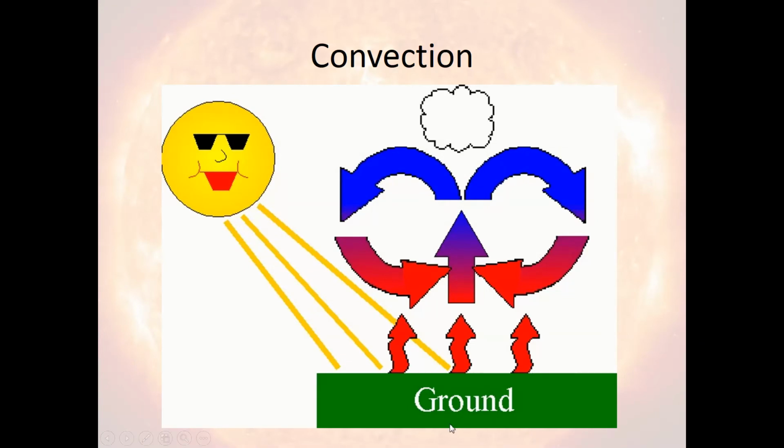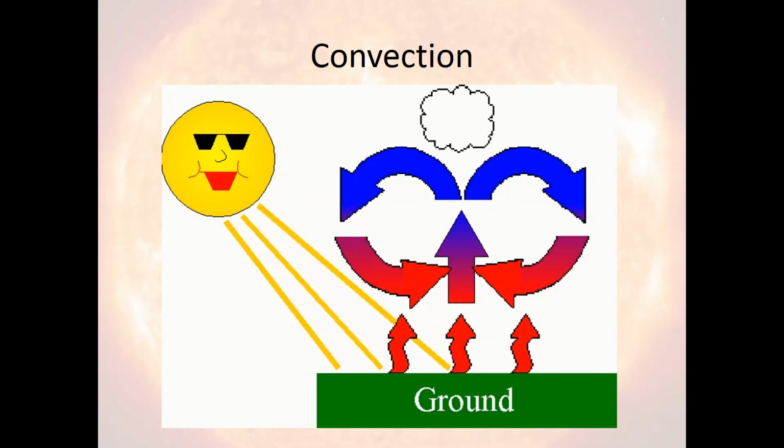Basically, it works something like this. You have the sun, nice and happy, heating the ground up. As the sun heats the ground up, the ground actually warms the very, very lowest layer. I'm talking the very lowest centimeter or two by conduction. But since air is a poor conductor, heat doesn't get any further than that.